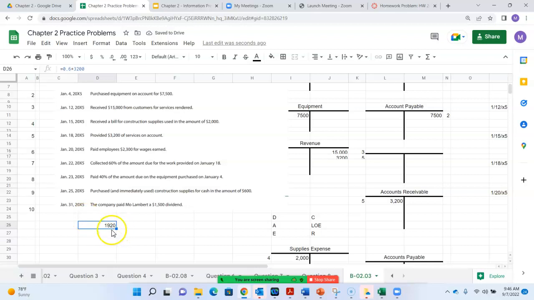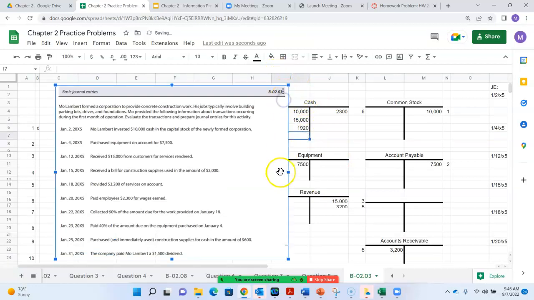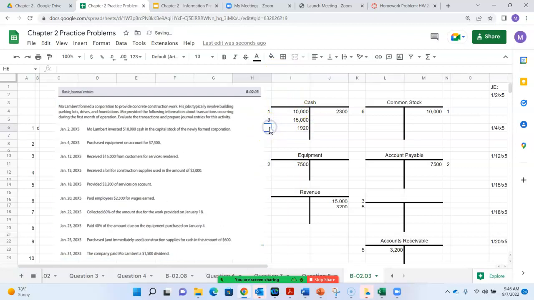That means this amount was actually collected. So it's not a part of accounts receivable anymore. We don't have that amount coming to us. It's already been received, right? So how are we going to record this? Well, we need to increase our cash amount for $1,920. I'm going to slide this guy in here. This relates to transaction number 7.